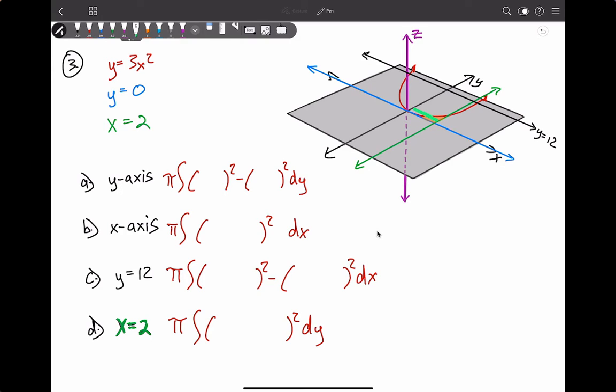And if I wanted to see what that is as far as a length, well, I know that this is going to be in terms of y because it's horizontal, not vertical. So I need to look at this green function that it's touching and the y-axis itself, and I know those to be x equals 2 and x equals 0, and I need to write those in terms of y.